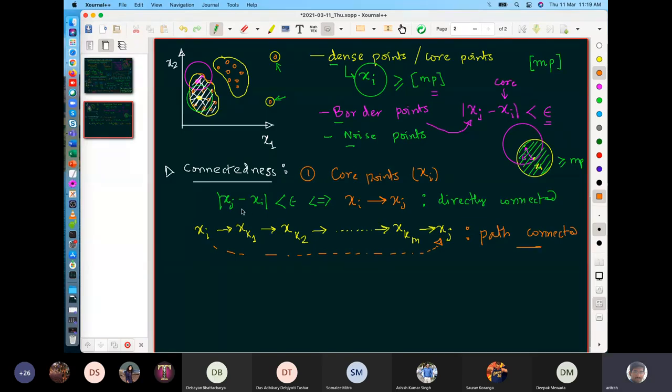So with these definitions, first, the definition of core point, border point, and dense point. Secondly, I define what is called directly connected, and thirdly, a recursively path connected component. I am now in a position to declare my algorithm.